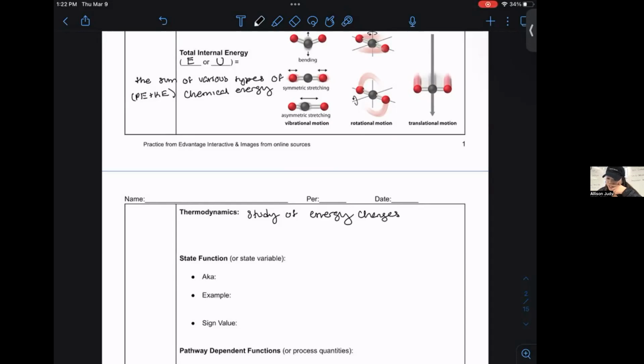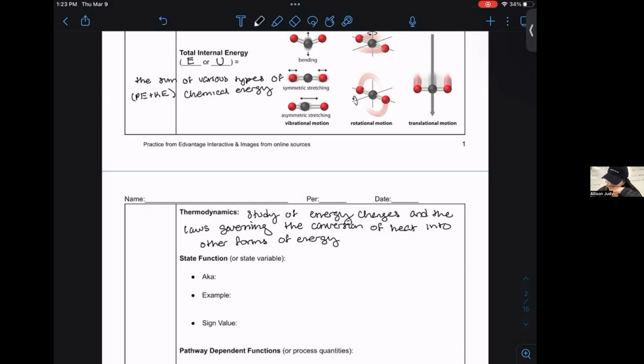The study of energy changes and the laws governing the conversion of heat, enthalpy, into other forms of energy.